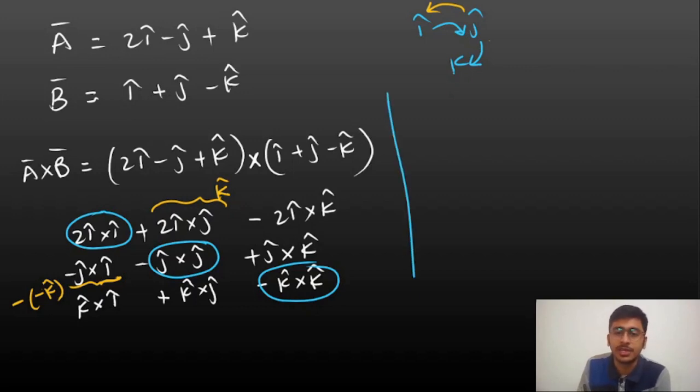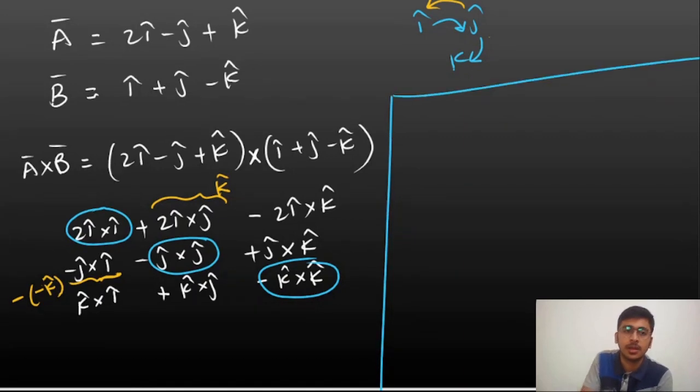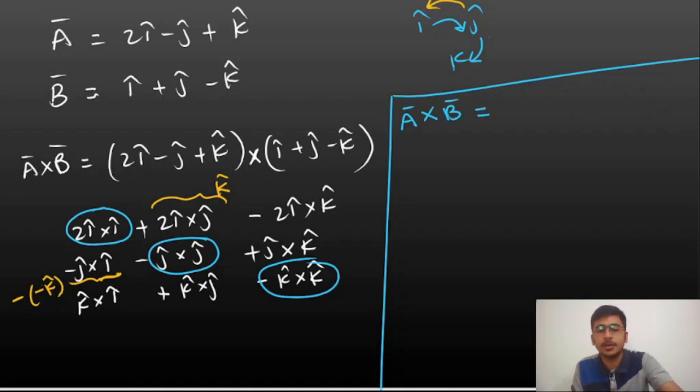So firstly, I'll write down A cross B equal to 2k cap. We'll get 2k cap minus minus plus k cap.